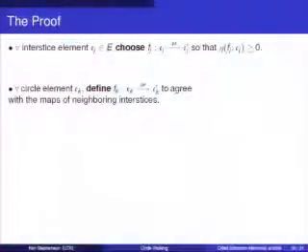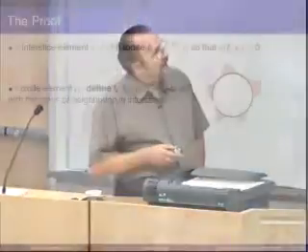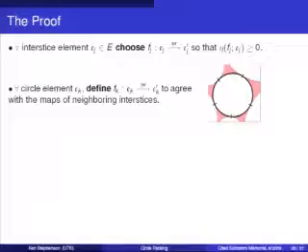Now on the circle elements, it turns out that your map is already defined because the boundary of every circle is covered by edges of interstices. And for each of those interstices, you've already defined a map to the corresponding edge of the interstice in the other packing. And so this already defines a map on the circles. And so you have maps on all the elements now.